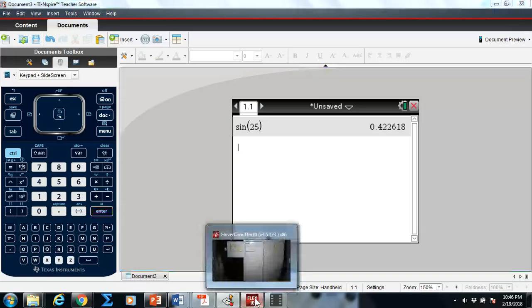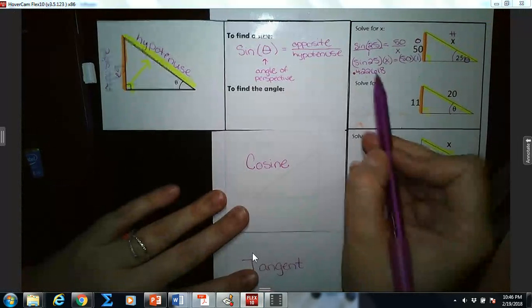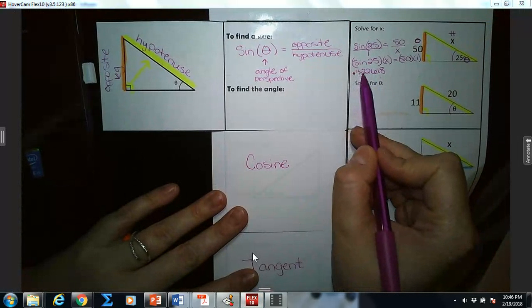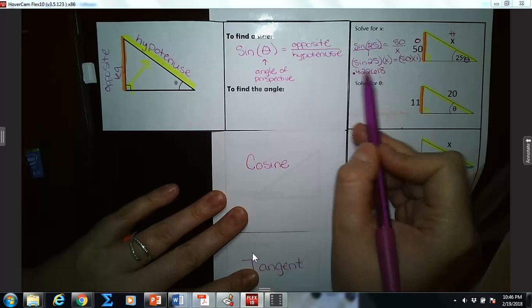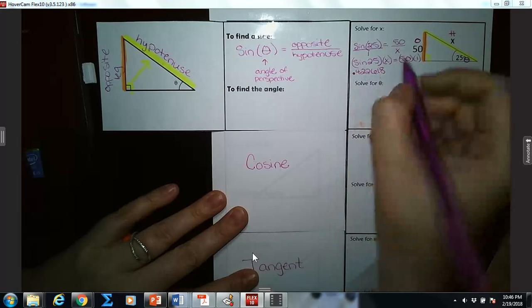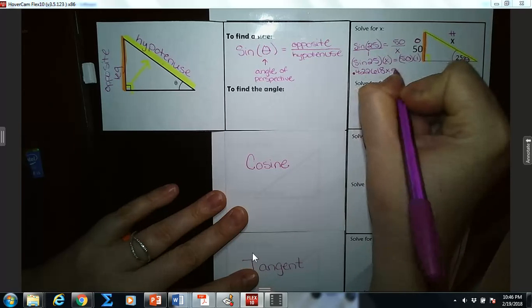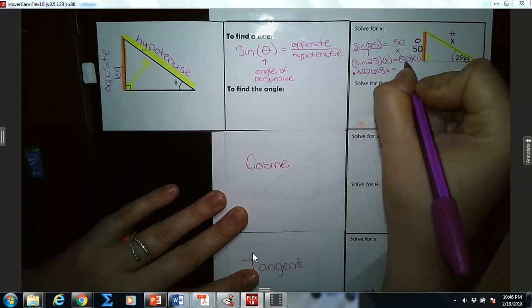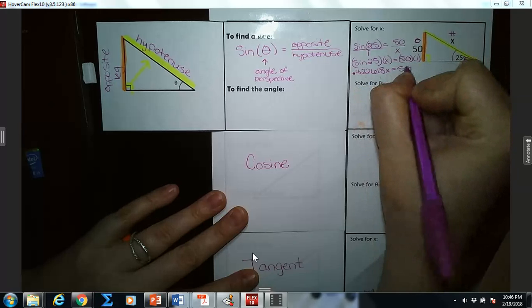So back over to my work page here. Sine 25 is 0.422618. Well, I'm saying sine 25 times x is equal to 50 times 1, and 50 times 1 is just 50.